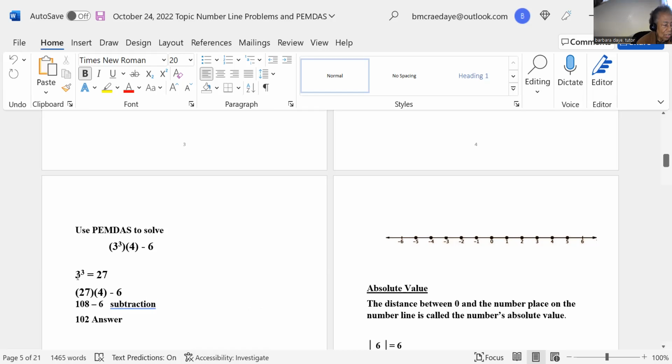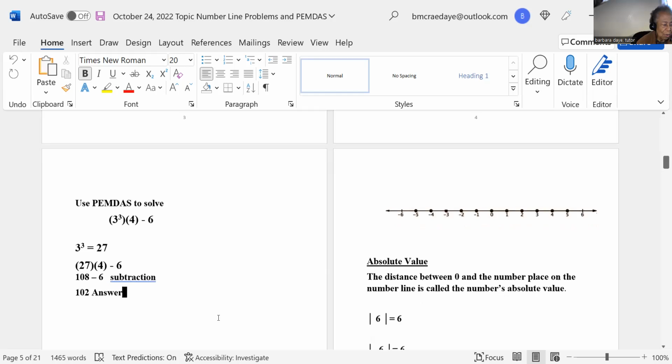Yeah, because the parenthesis was a multiplication, 4 times 27, 108. Now the last step is subtraction. 6 subtraction from 108. 6 from 8 leaves 2, and one, 0 from the 100 is 100. So you get 102. 108 minus 6, 102.